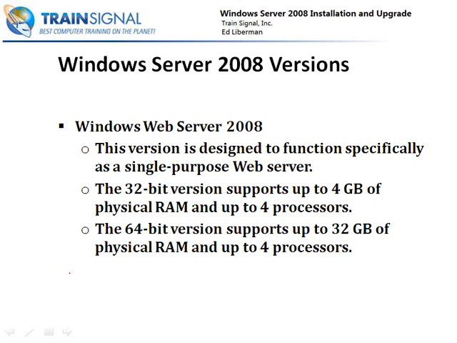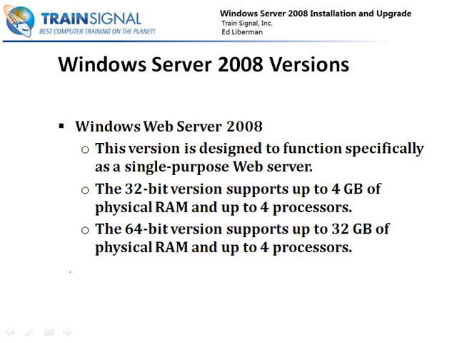You can't install Active Directory on Windows Web Server 2008. You're very limited in the roles that you can install. This particular version was designed for companies that need to put together a web farm, a cluster of web servers.